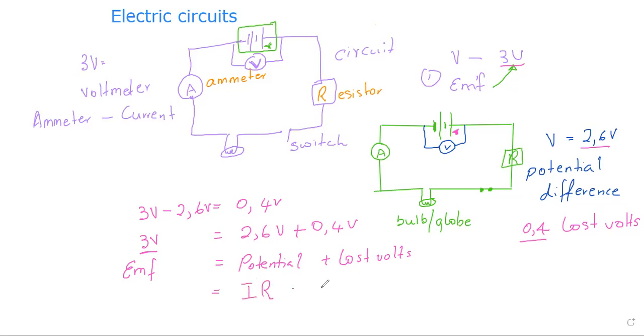It's because of the internal resistance. When the current passes there, because of the internal resistance, we'll have I small r, which gives us the lost volts. Now let's go. We'll come back to that.